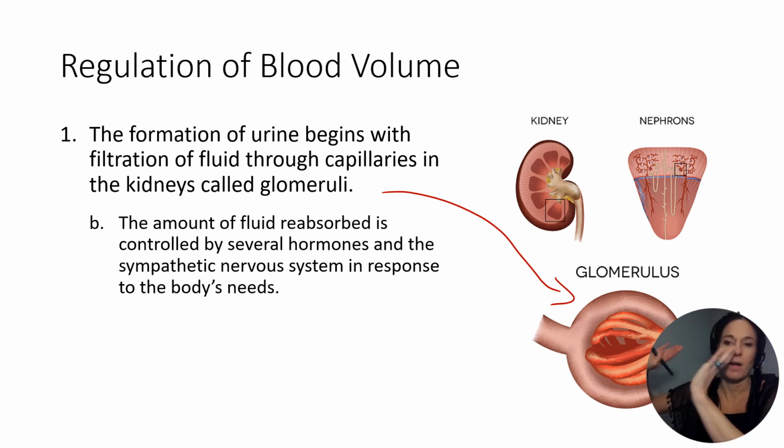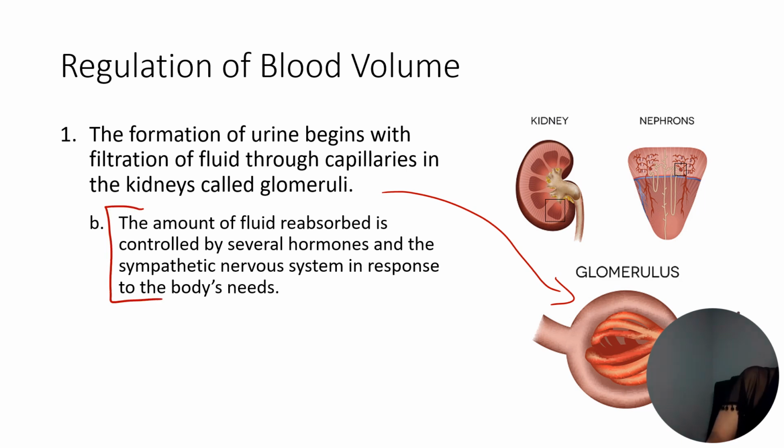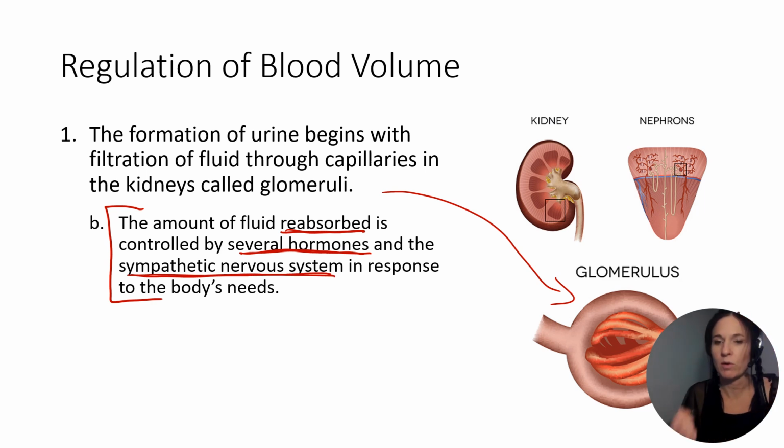More of that in Unit 5. But the amount of fluid that's reabsorbed back into the blood is going to be controlled by several different hormones and also by the sympathetic nervous system. So our control centers are the endocrine system and the nervous system.